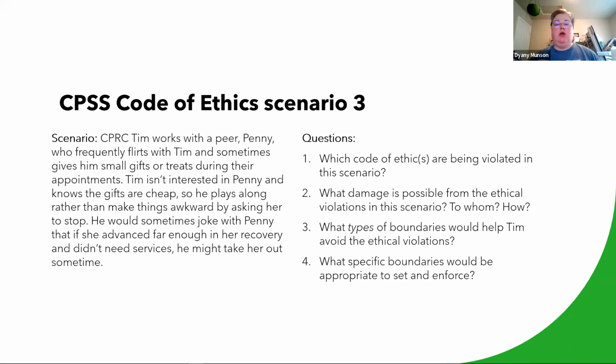Yeah, I know that recovery coaches have a different code of ethics, but usually there's a lot of crossover, from what I could see with the different codes of ethics that I looked at. But thank you for that, Stephanie and Sam.